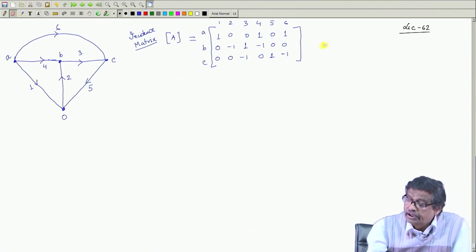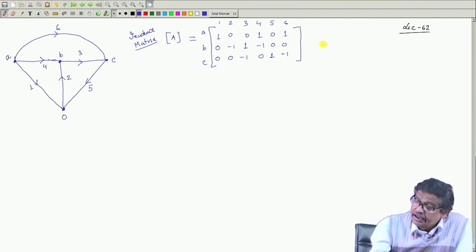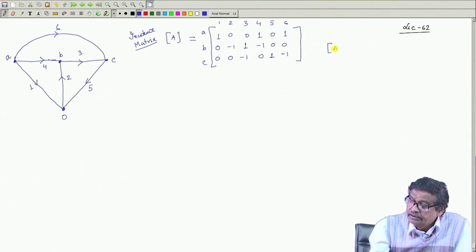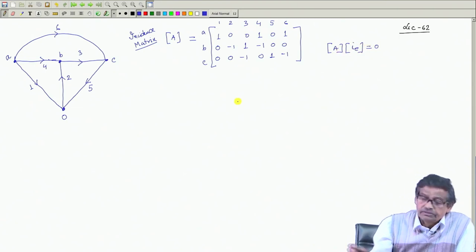Therefore, we found that A into IE is the Kirchhoff's current law equation, equal to 0. This was the finding with the incidence matrix.